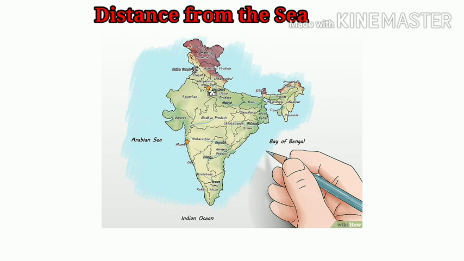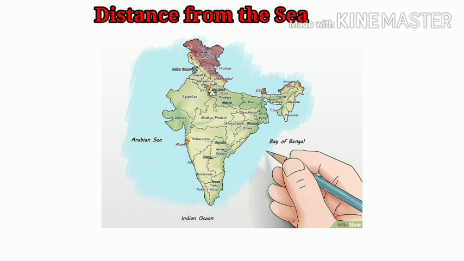Due to the influence of the sea and ocean, these regions are neither hot in summer nor very cold in winter. And northern India, which is far away from the sea, has an extreme type of climate, known as continental climate, which means very hot in summer and very cold in winter, which we always feel because we are staying in the northern part of India. We face it every year, so we can understand it very well.